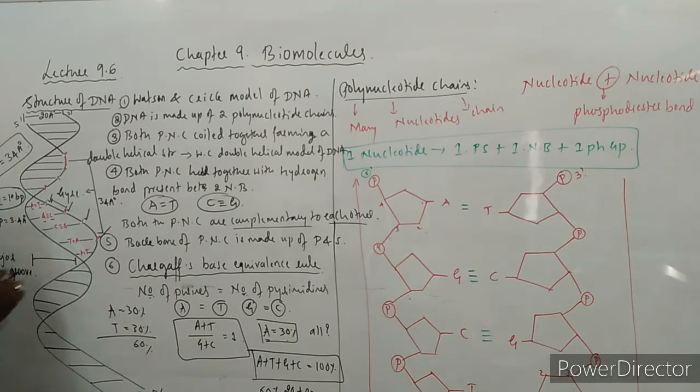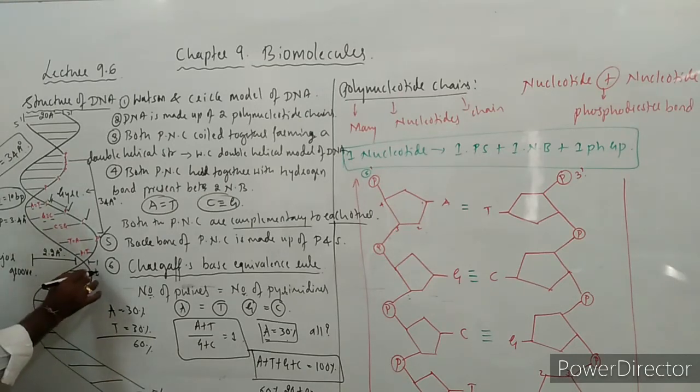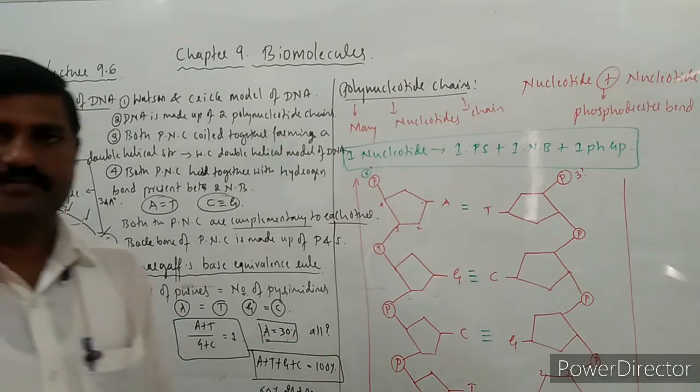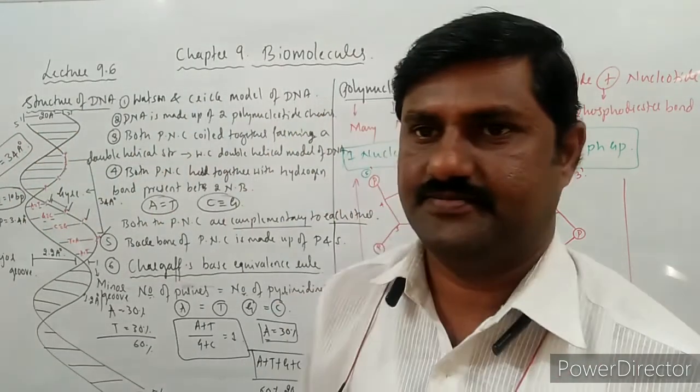Because it is larger, and it measures about 2.2 angstrom units. And here you come across a small groove. It is called the minor groove, which measures about 1.2 angstrom units.